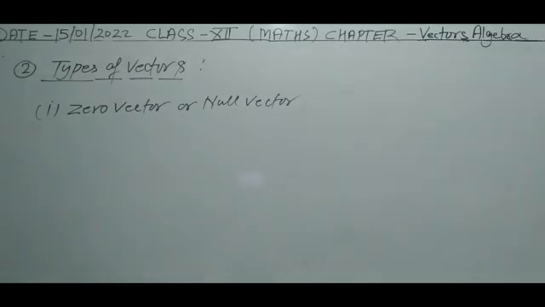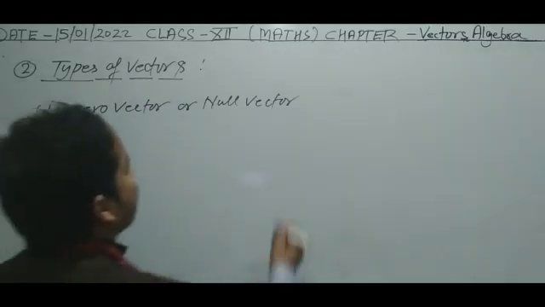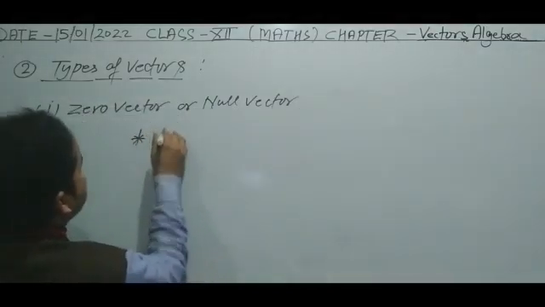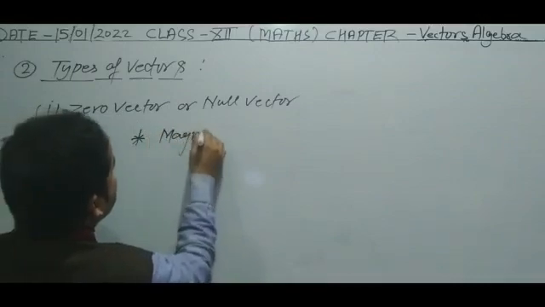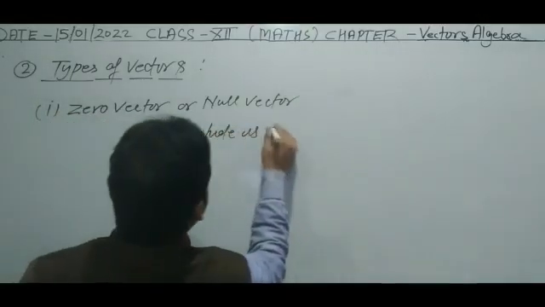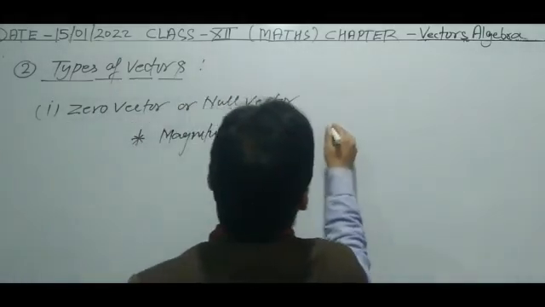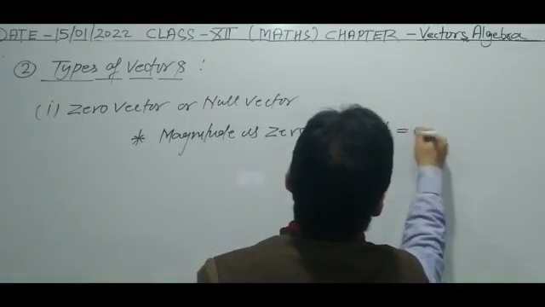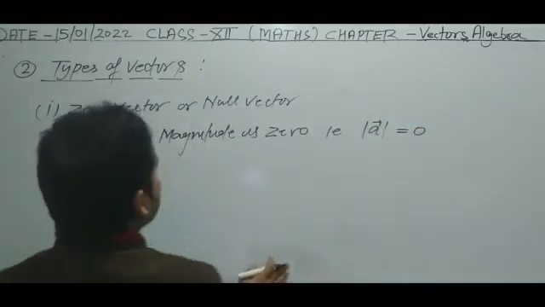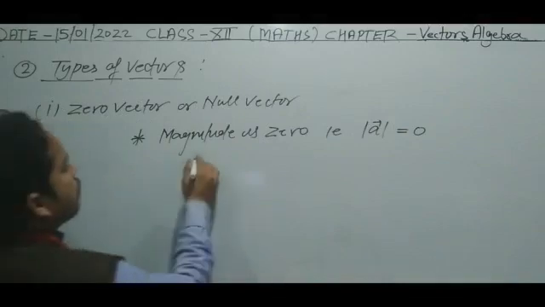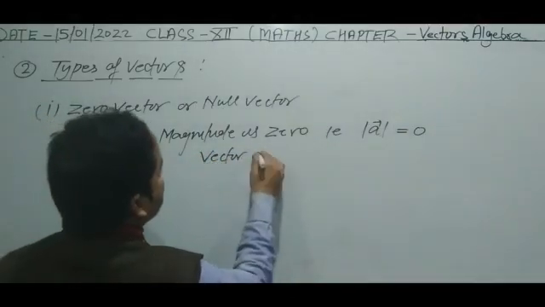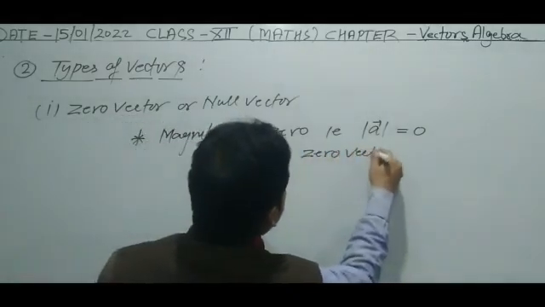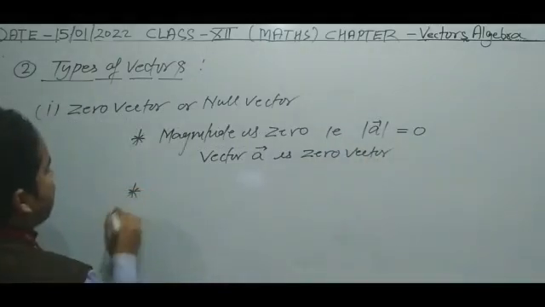Means magnitude is 0, that is mod of A is 0. Vector A is a zero vector.